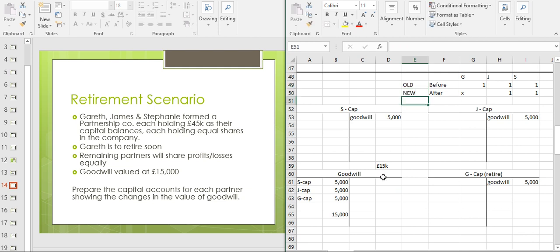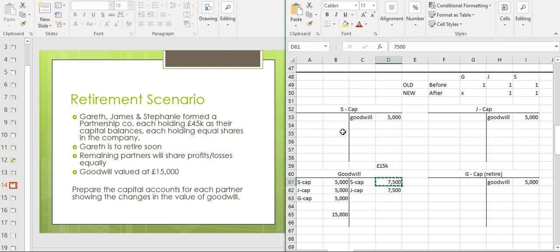Okay, 7.5 split 7.5 and 7.5, and that is going to go to J and S. So I'm just going to copy that detail from there. Okay, so 15 divided by 2, we are splitting it between J and S, not Gareth, okay, because he is going to leave. Okay, so 7.5, let's do the double entry.